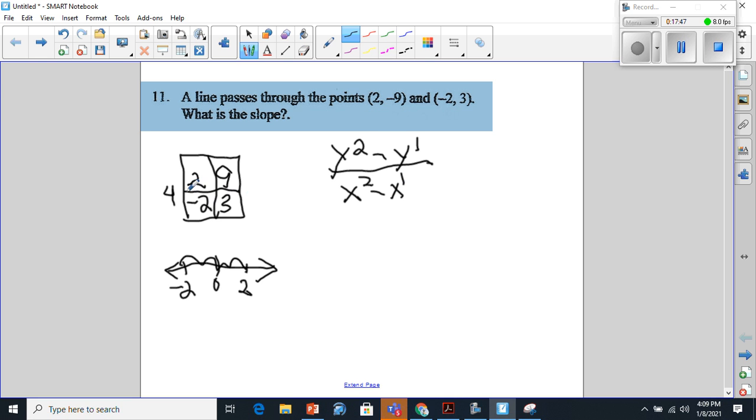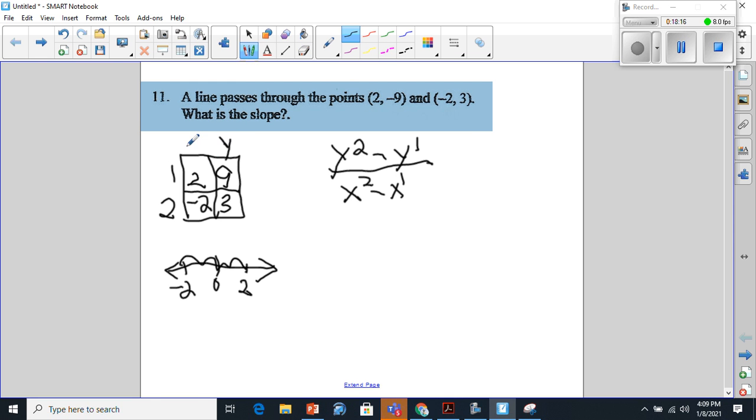Let's label this one as my 1, and this is going to be my 2. So my y2 would be... and I'm sorry, I kind of messed that up. I did the x's, didn't I?